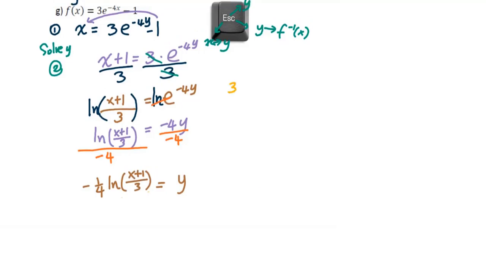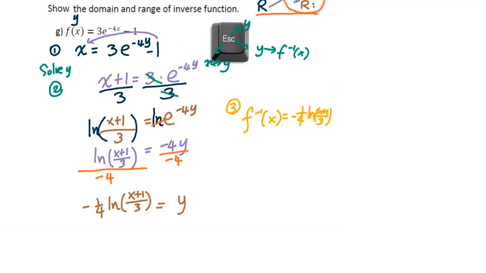Then last step, you change y into the inverse function. That is negative 1 over 4 times natural log of (x + 1) over 3. We need to figure out the domain and the range of the inverse function. For this inverse function, we can figure out the domain because this is a logarithm function.